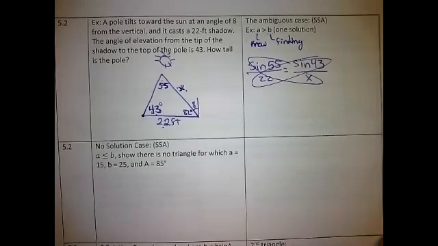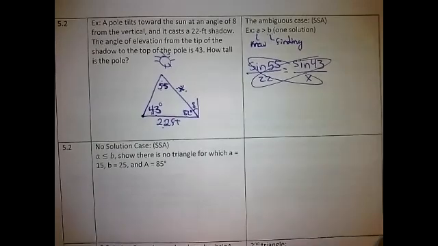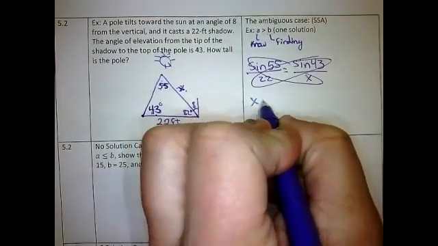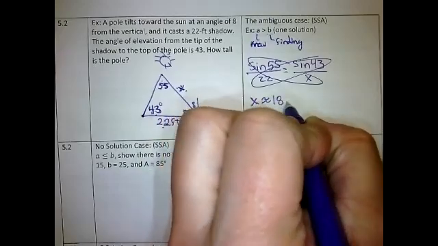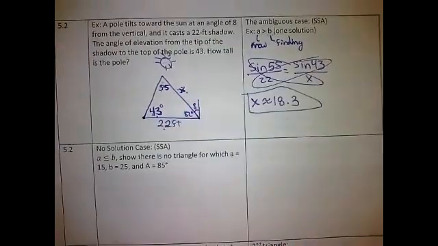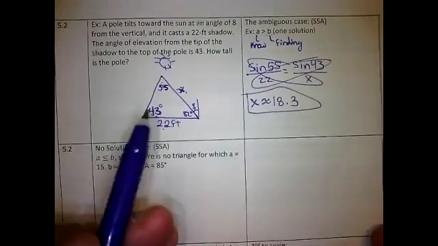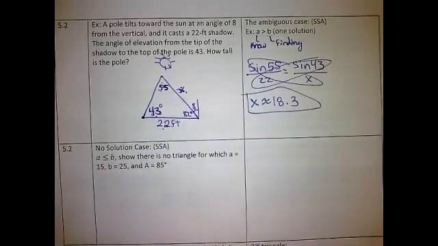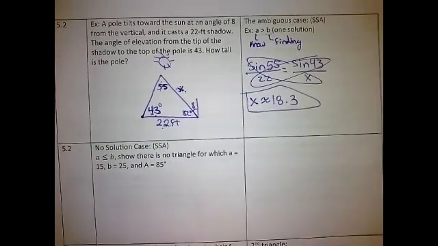I lied, not sine of 55. 22 times sine of 43 divided by sine of 55, and I'm going to get 18.3. So x is approximately 18.3. So if what we know is longer than the one we're finding, then we're good.